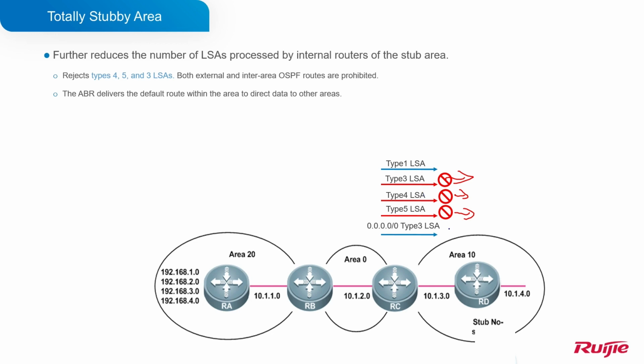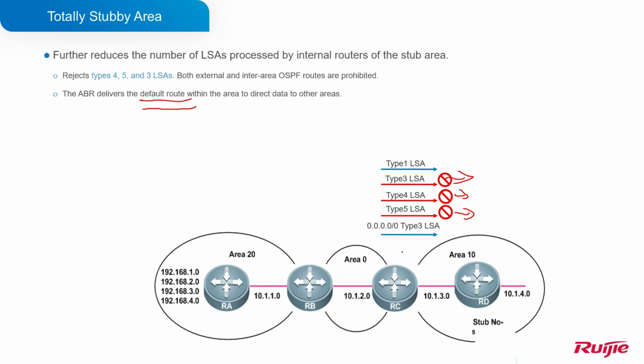So now if the router wants to communicate with the external network and also with other areas, the totally stub area will deliver a default route. The default route is actually a type 3 LSA, 0.0.0.0.